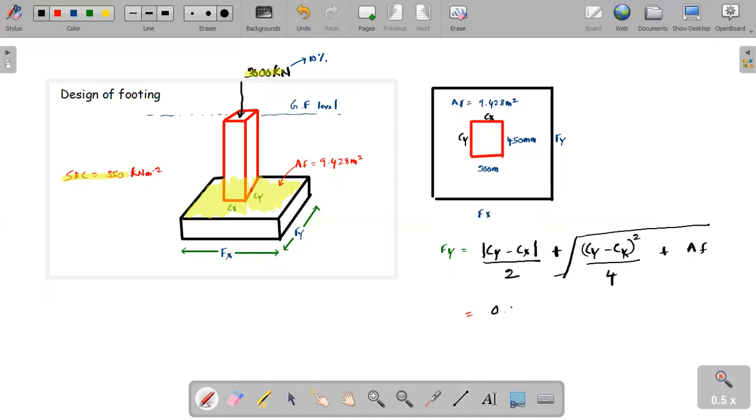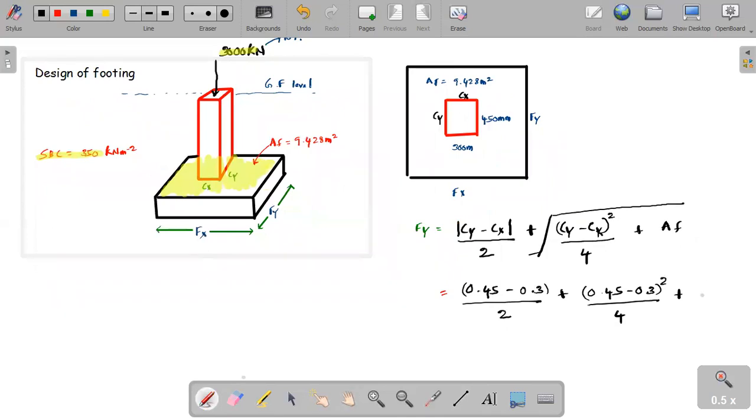This is equal to 0.45 meters minus 0.3 meters, divided by 2, plus 0.45 meters minus 0.3 squared, over 4, plus AF. We found the area of the footing, that is equal to 9.428, square root.